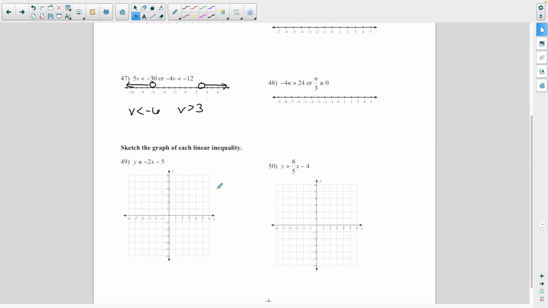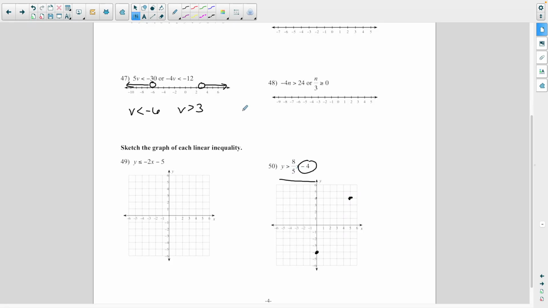Let's sketch an inequality. I'm going to do this one. Negative 4 is our y-intercept. Up 8 over 5. 1, 2, 3, 4, 5, 6, 7, 8. We go over 5. 1, 2, 3, 4, 5. And then we connect this.